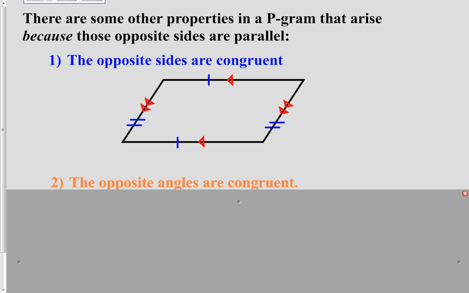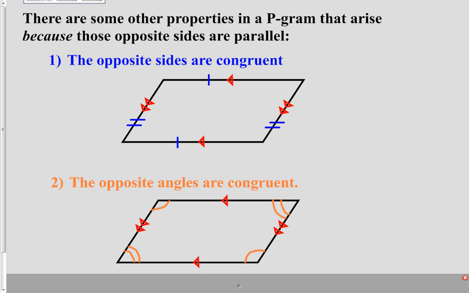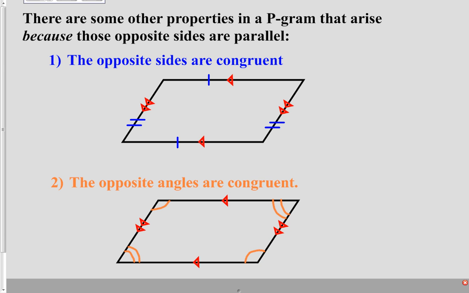Another property that happens when your quadrilateral has both sets of opposite sides parallel is that that will force the opposite sets of angles to be congruent. Okay. So add that in to your picture or draw yourself a new picture if you didn't leave enough space.